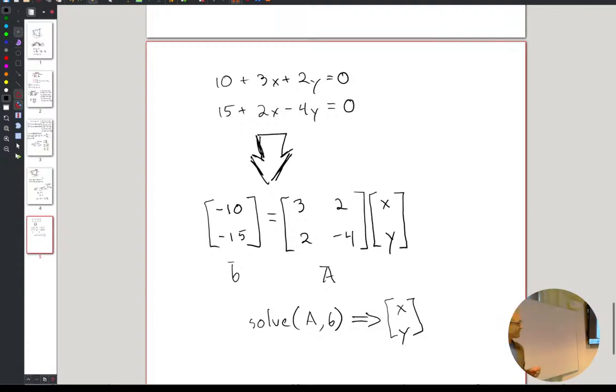Question. Is that 2 under the 3, the 2 from the 2x or the 2 from the 2y? That 2 under the 2.